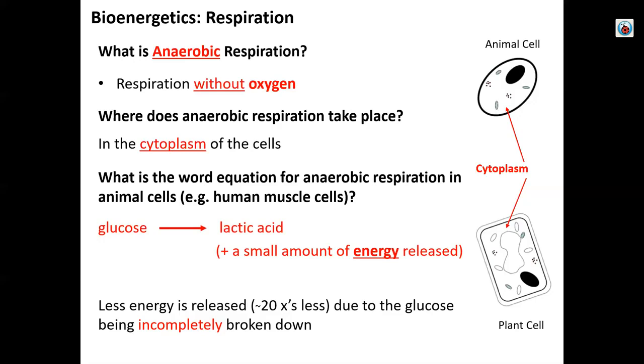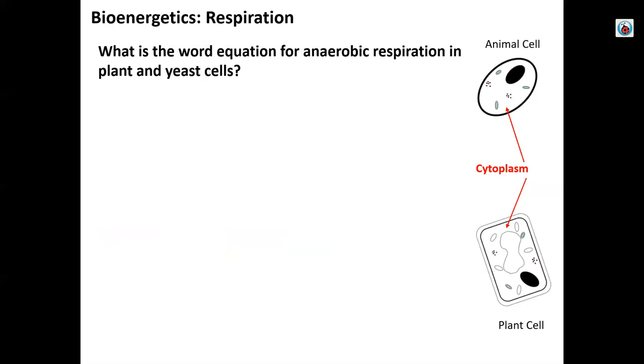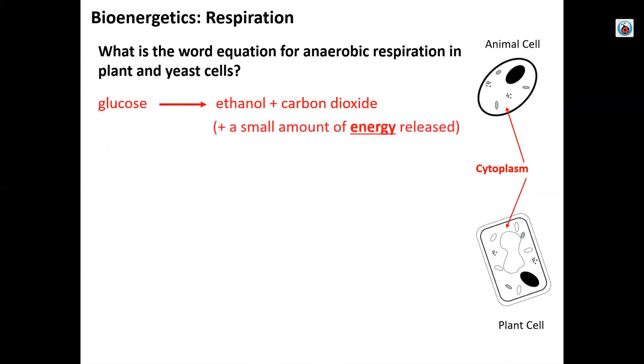Now let's have a look at the word equation for anaerobic respiration in yeast cells and some plant cells. So here, again, it's glucose being broken down without oxygen, but this time the products are ethanol and carbon dioxide, plus a small amount of energy.